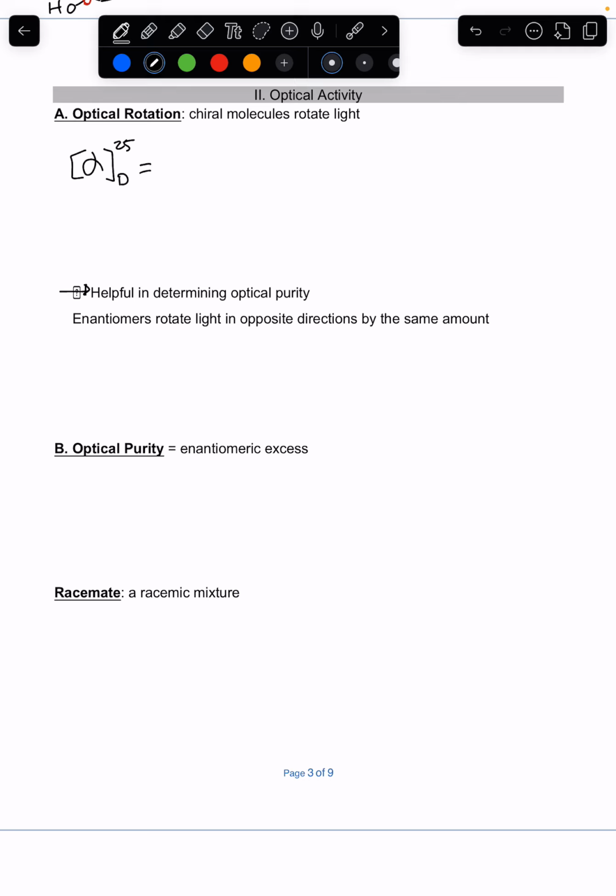And then this in turn is defined like this: alpha over L times C. The idea is that if you measure the rotation, how many degrees your chiral substance bends the light when the light goes through it, that's the measured rotation.